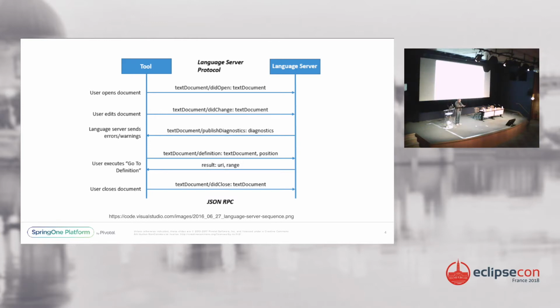It's just two processes running on the same machine, talking JSON to each other. It's not a server in the sense of a server running in the cloud or in some data center somewhere across the globe and talking to you via the internet. So it's not a real server thing. It's just a different process on your machine. That's important, I think, to understand.